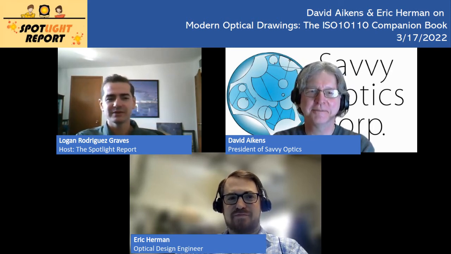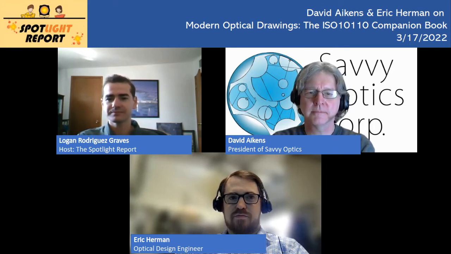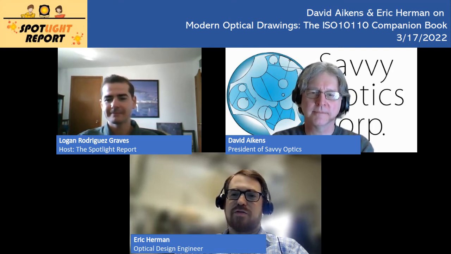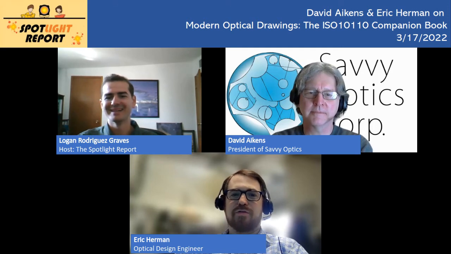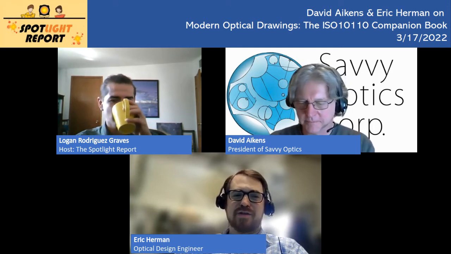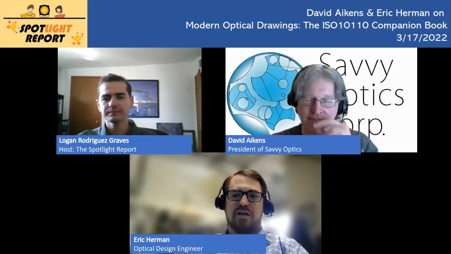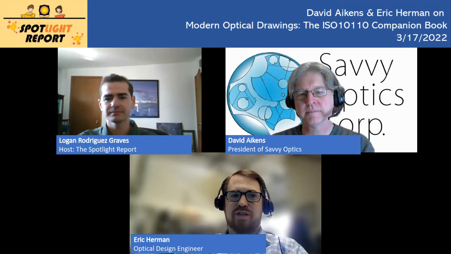So you close with, well, actually, you have an epilogue, but the final formal chapter is standards and practice. Can you give a higher overview of what this chapter is? Sure. We've gone through every other chapter in the book, explaining each of the parts of ISO 10110, and this is how you specify this or that. But at the end of the day, what are you really doing with this?